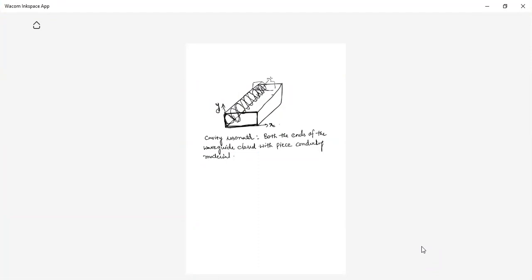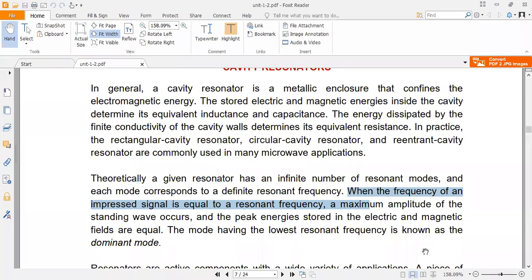This wave is called a standing wave. When the impressed signal frequency is equal to the resonant frequency of the cavity, the maximum amplitude of the standing waves occurs.